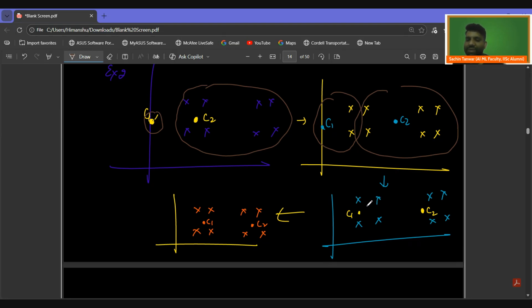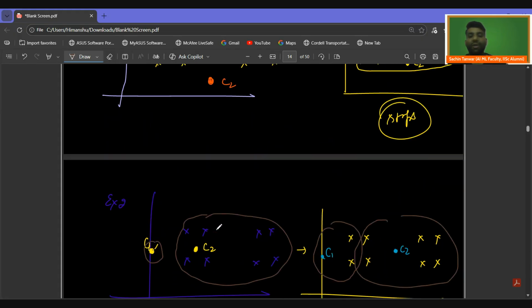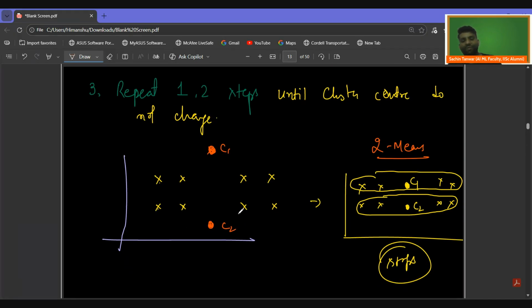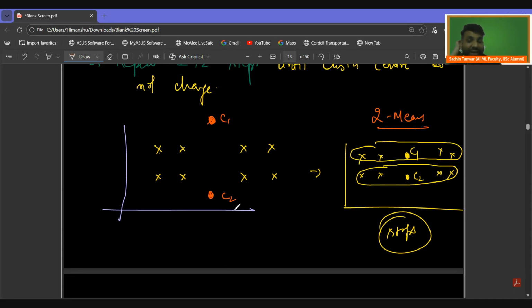After this, if you calculate the cluster center, it would change again and it would become this. So I hope you can see that for the same problem, the initialization matters. Initialization might return a different set of cluster centers, or different clusters itself.